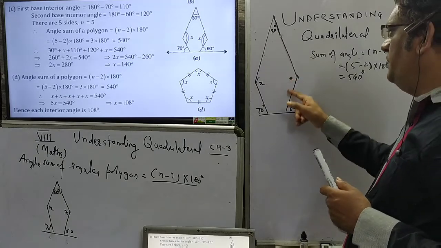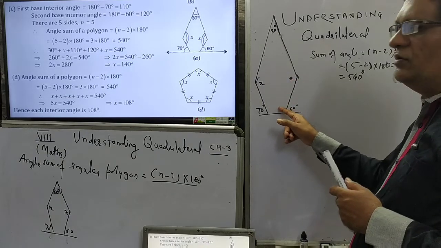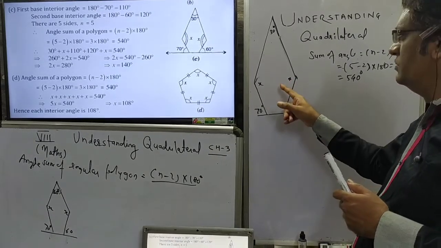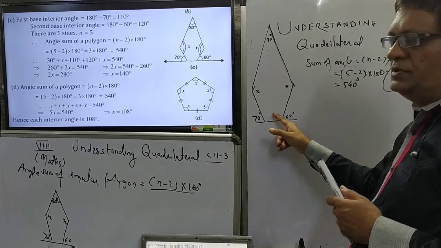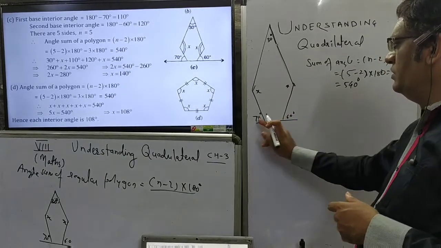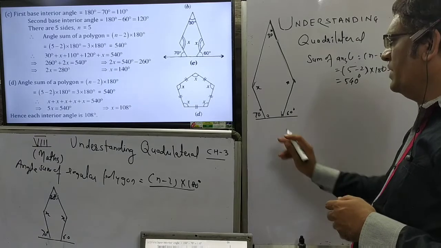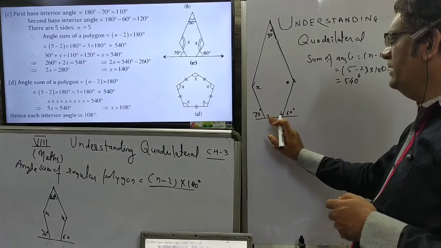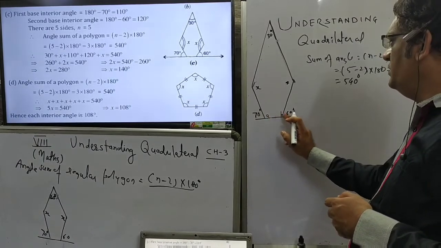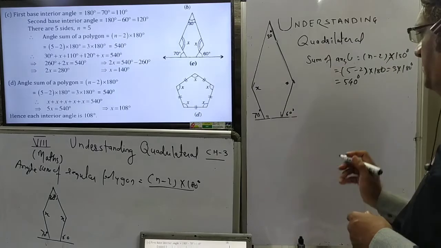But out of these 5 angles, these 2 angles we have to find. This is 70, and let us say this angle is A and this angle is B. The sum of these 2 angles is equal to 180 degrees, a linear pair, and the sum of these 2 angles is equal to 180 degrees, a linear pair.